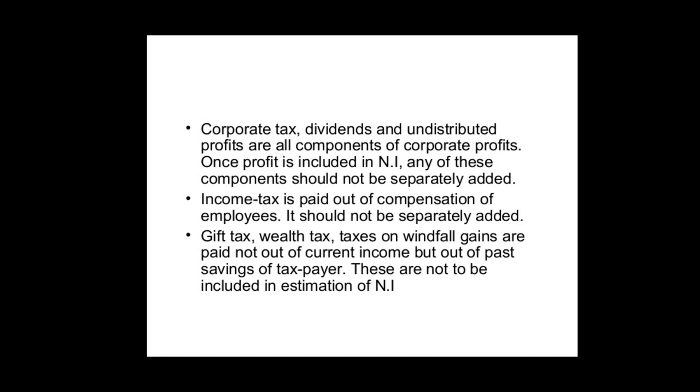Income tax is paid out of compensation of employees, so it should not be separately added. Similarly, gift tax, wealth tax, and taxes on windfall gains are paid not out of current income but out of past savings of the taxpayer. So these are not to be included in the estimation of national income.